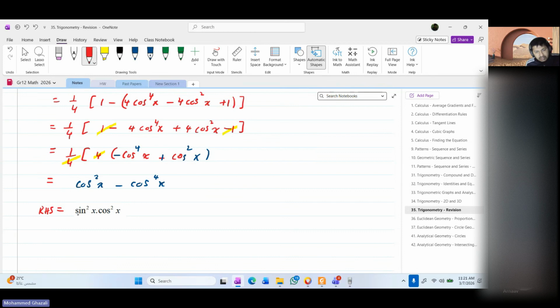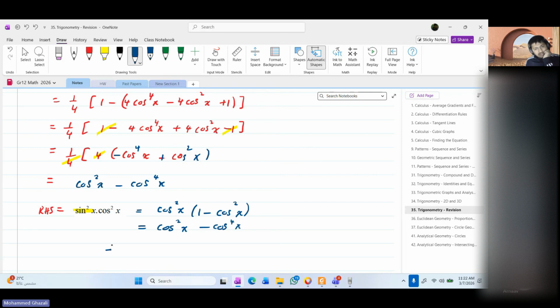We want to keep the cos squared, so change the sine squared into 1 minus cos squared x. Yes, so that's cos squared x minus cos 4x.